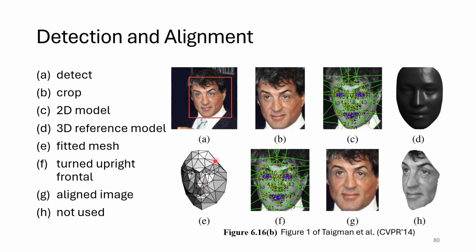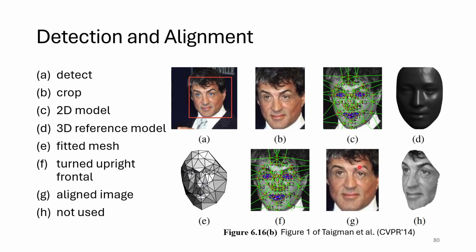So they convert the faces to upright frontal. So this becomes the upright frontal of the input face. They didn't use this step. I show it here because it is part of our textbook figure.